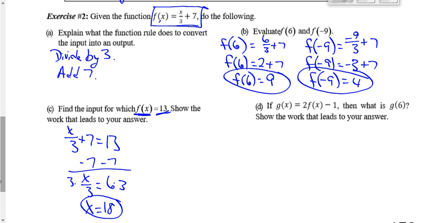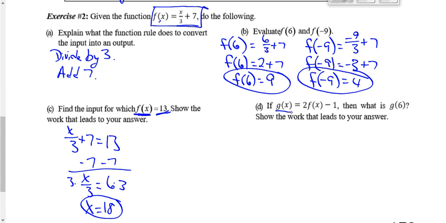Okay. So, now we have a new function. What's this new function called? G of x. And what does it equal? 2 times the function f of x minus 1. And they want to know what is g of 6. Well, we don't really even know what g of x is, do we?